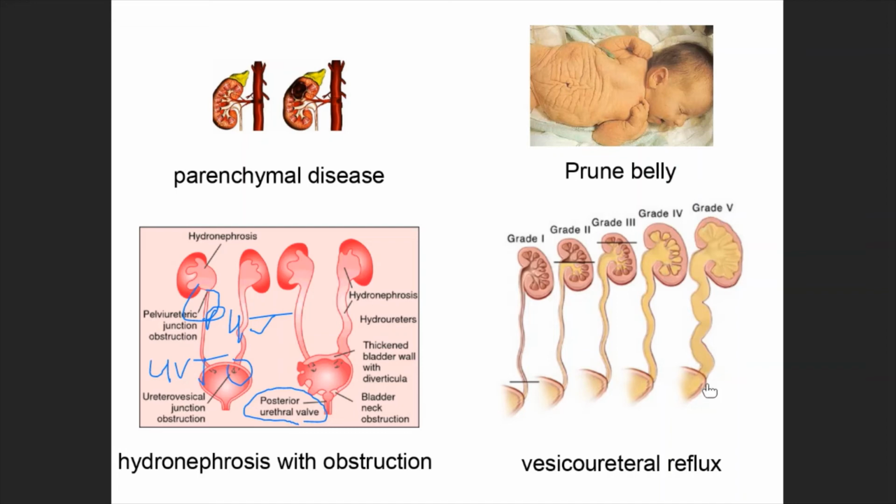Grade 5 is just full. This is progressive, in older kids for example, whereas they start out as grade 1, which is a little bit, but then it slowly goes up to grade 2. And by the time it reaches the minor calyx and major calyx, that could damage the kidney over time. Okay.